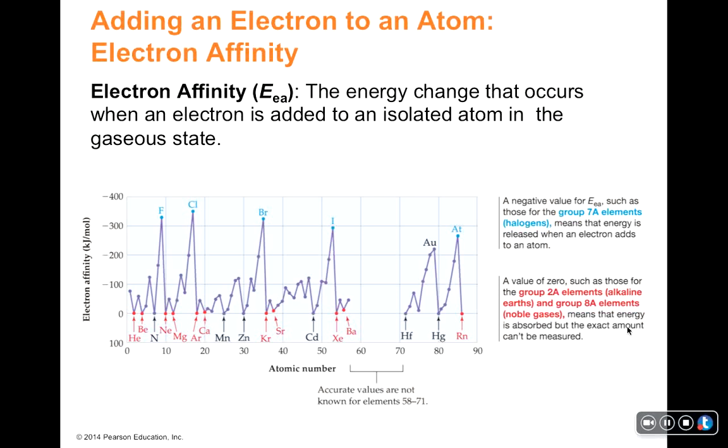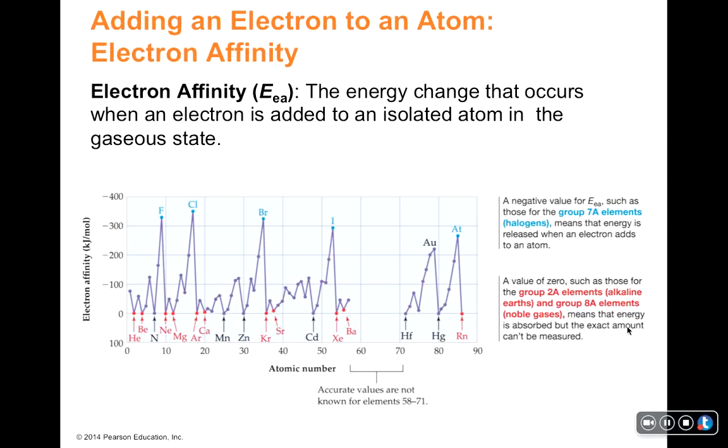And if you look on sort of the opposite side, if we look at group 2A elements and group 8A elements, the noble gases and alkaline earths, they would rather not gain any electrons. You'll see that they are low on that scale.